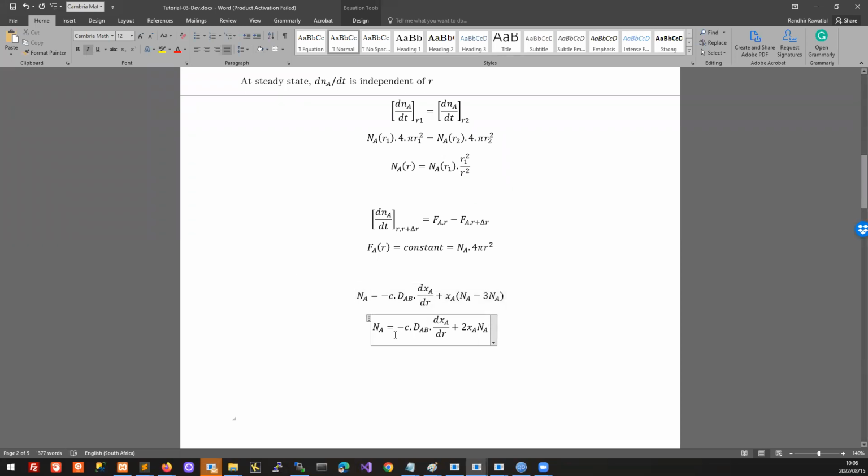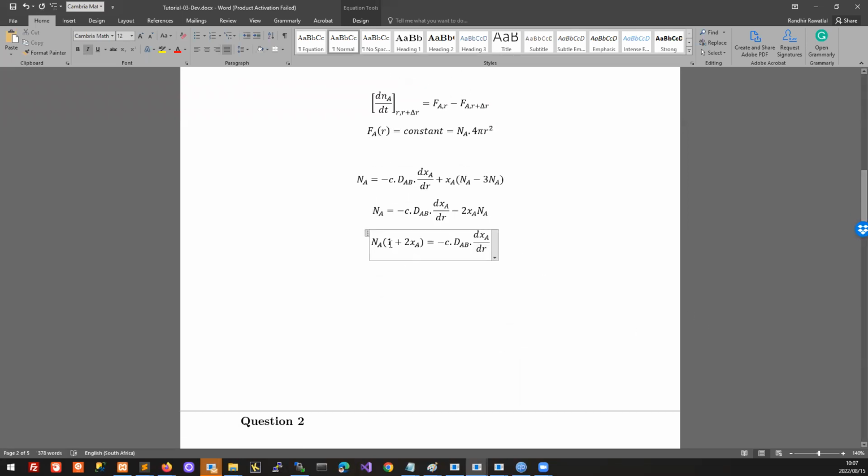So we can take this across to the other side and write this as N_A into 1 plus, sorry, this is supposed to be a minus here, so it's minus 2 N_A, and so this is plus 2 x_A. That's the equation.